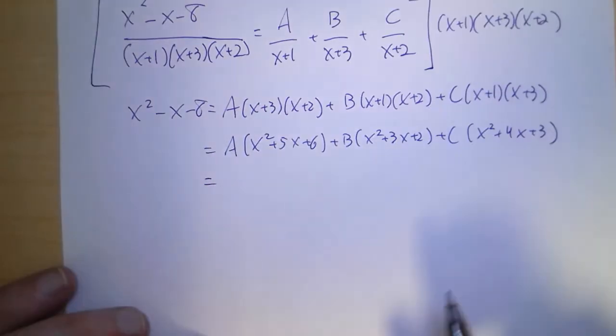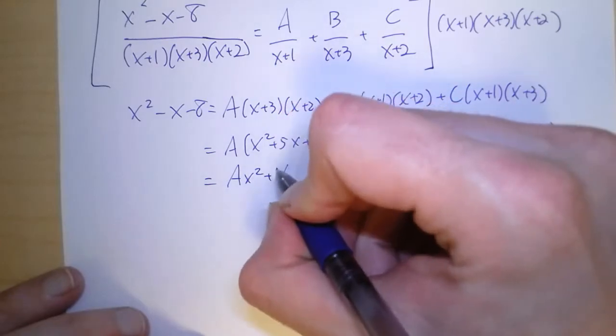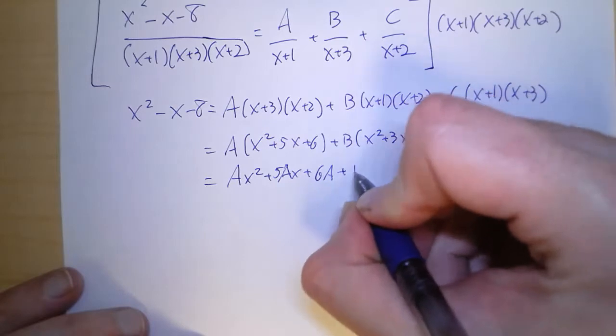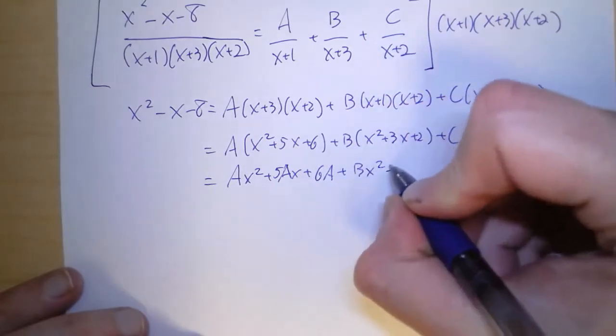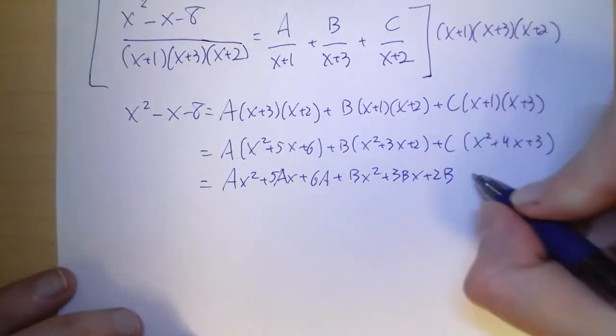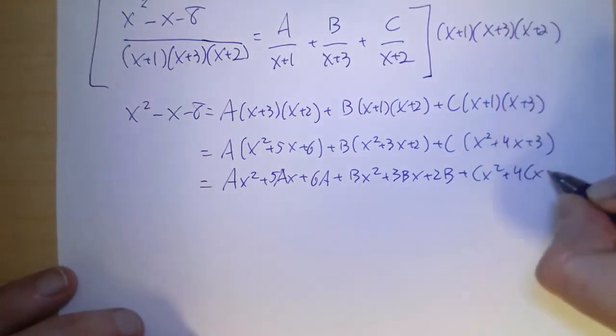When we distribute that, we get ax squared plus 5ax plus 6a plus bx squared plus 3bx plus 2b plus cx squared plus 4cx plus 3c.